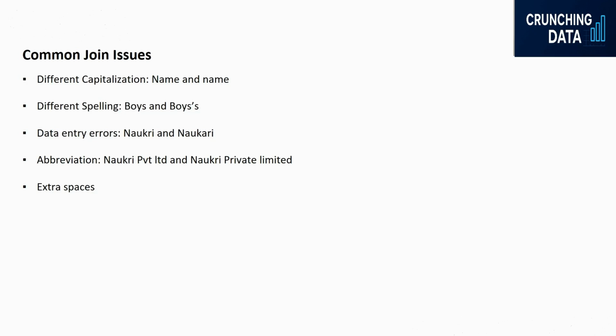Different spelling can also cause issues. For example, you write voice and then you add an apostrophe to it in the other data set, or you write it as voices. Data entry errors can also cause issues, where a word that is pronounced the same can have different spellings. Then abbreviations such as using PVT instead of private can also cause some issues. The last issue can be extra spaces. These are the things that can create problems when we are trying to do joins in Tableau.